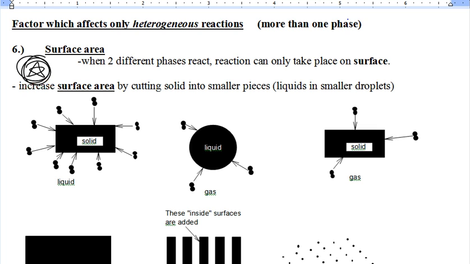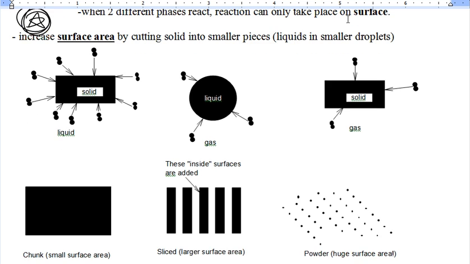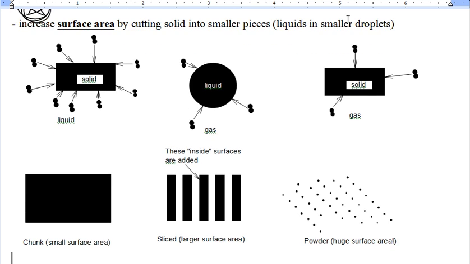Most typical example, the easiest example I can explain to you is like a liquid and a solid. If you grind up that solid into 1 billion parts, well, then more liquid can hit it, more liquid can react with it, and it'll help. It has to be in different phases, though. Surface area only affects heterogeneous reactions. You make a larger surface area, you'll have a faster reaction rate.